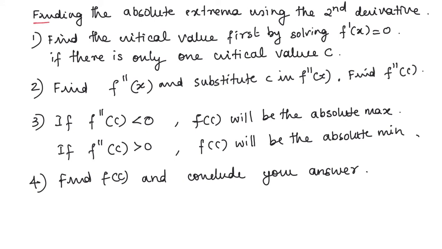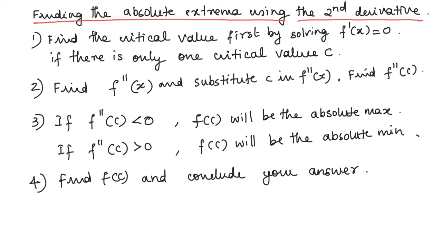Let me look at the procedure again for finding the absolute extrema using the second derivative. First find the critical value by setting f prime of x equal to 0 and solving. If there is only one critical value c, then find the second derivative and substitute c into it.